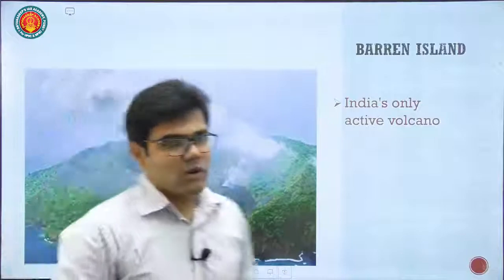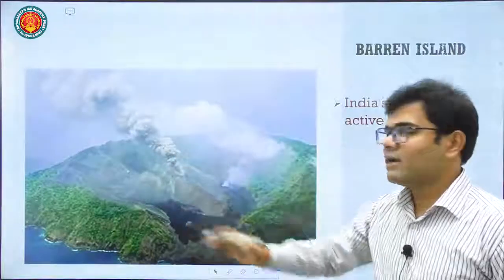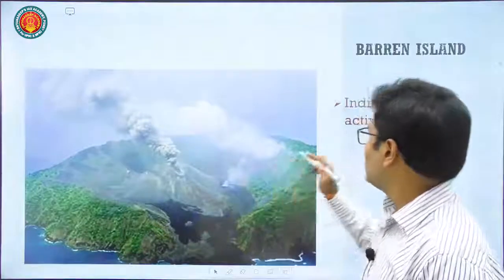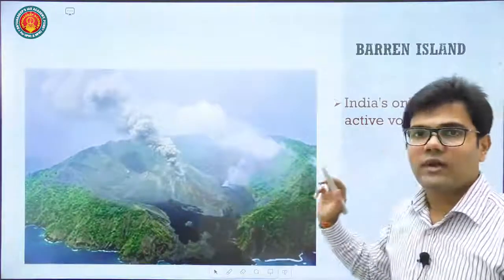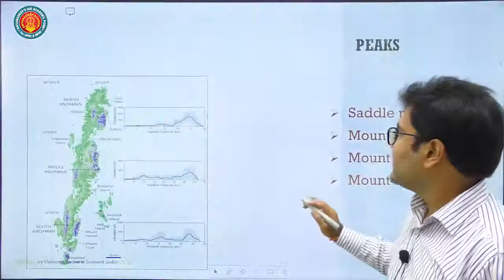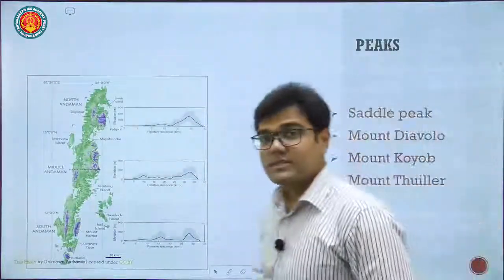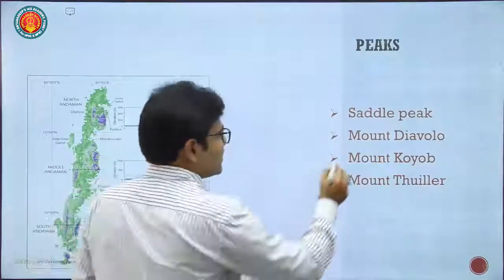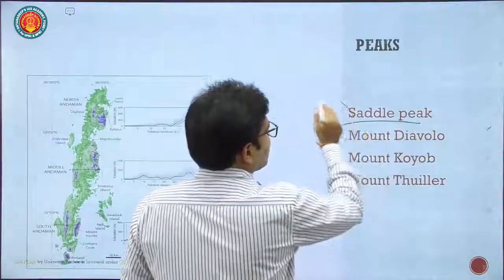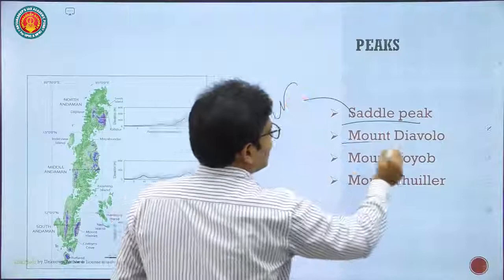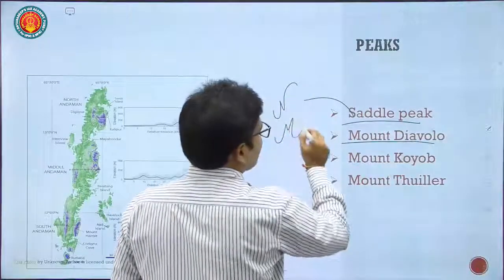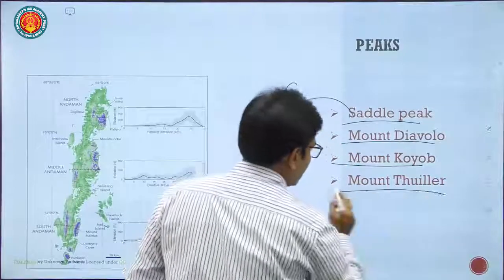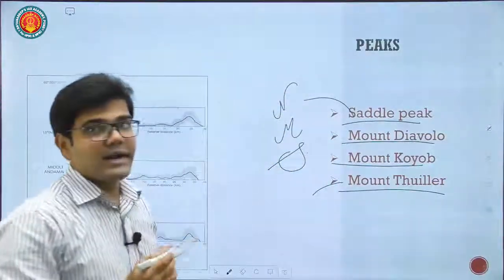Then we talked about Barren Island. This is a picture of Barren Island. Barren Island is India's only active volcano. Then we talked about the peaks as well: Saddle Peak, North Andaman; Mount Diavolo, Middle Andaman; Mount Koyob, South Andaman; and Mount Thuilir is the highest peak of Great Nicobar.